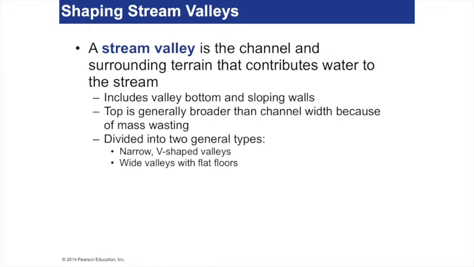Now, once a river is less steep, it's going to travel much slower. And as it travels much slower, it's not going to cut so much down as it cuts sideways.